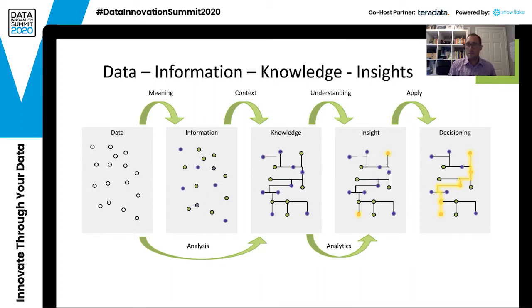But once you apply meaning to data, then you have information, and then you can actually start providing analysis on information which gives you knowledge, and that's where you have different contexts to apply to knowledge. Hence the knowledge graph that, for example, Google and Facebook use. Once you get to that state, then you can start understanding that knowledge to provide insights.